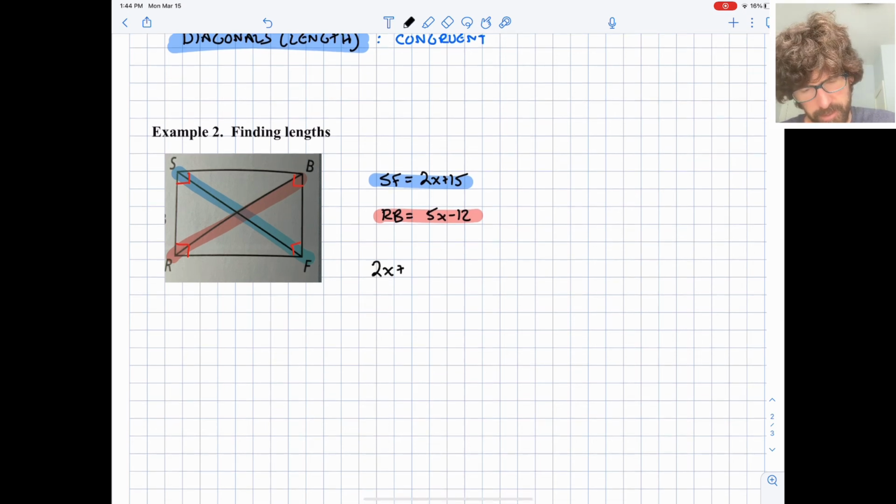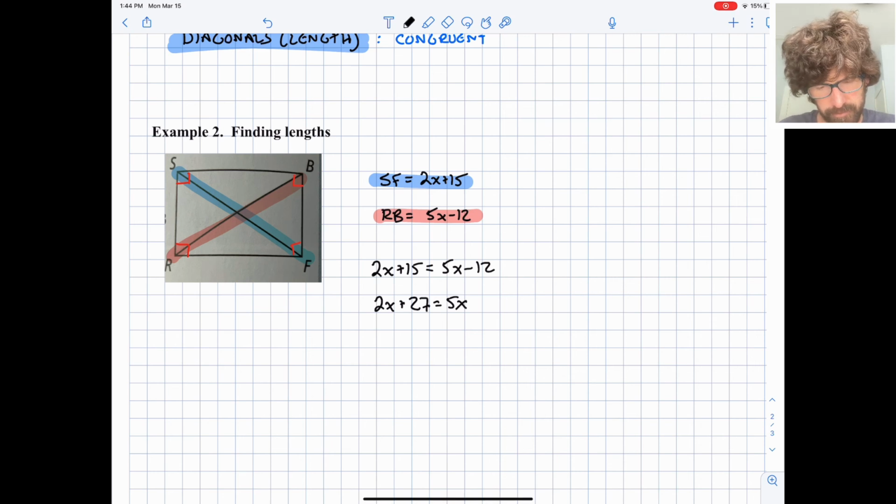So we can say that 2x plus 15 is equal to 5x minus 12. Let's add 12 to both sides, so 2x plus 27 is equal to 5x. And let's subtract 2x from both sides. And lastly, we'll divide by 3.